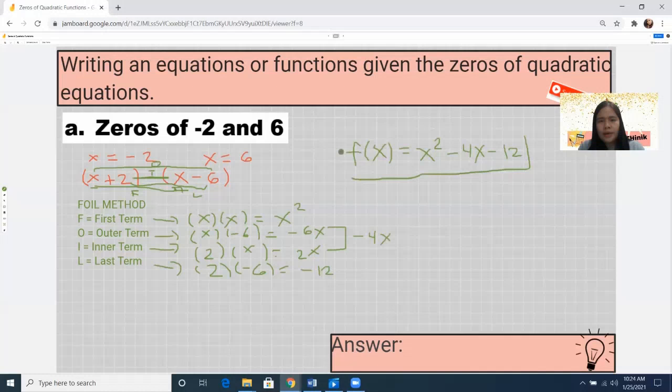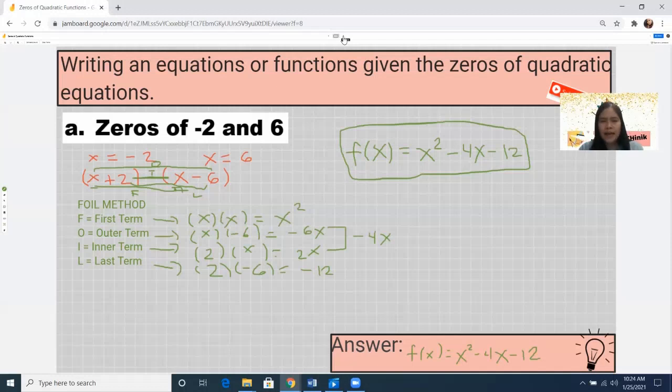So the answer is: the function of x is equal to x squared minus 4x minus 12. Any question? Very easy if you apply the FOIL method.